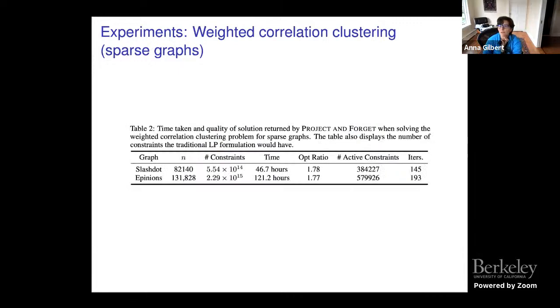Okay, dense graphs are one thing, sparse graphs are much different. So we took a bunch of sparse graphs, which were huge. One of these sparse graphs has 130,000 nodes, which one would think would make for roughly 10 to the 15th metric constraints. And in 120 some odd hours, we were able to solve the weighted correlation clustering with pretty decent optimality ratio.